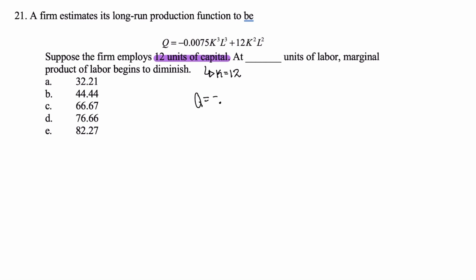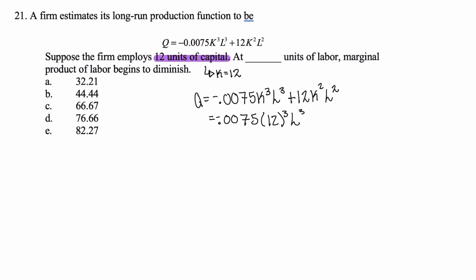So we're given that Q equals negative 0.0075 K to the third L to the third plus 12 K squared L squared. So negative 0.0075 times 12 to the third L to the third plus 12 times 12 squared L squared.